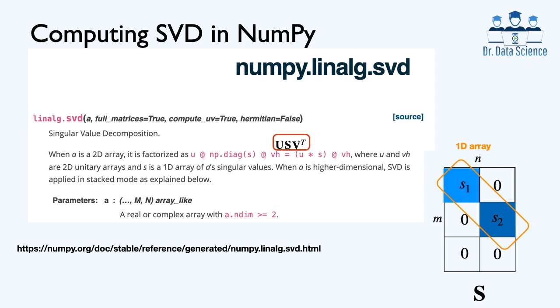In this case, we can get rid of the third row, and similarly, we can get rid of the third column of the matrix U. And that happens when you set full_matrices to be false. So then the matrices U and V are not necessarily square matrices. That's the only difference here. But it can save us a lot of memory and storage space, because we are going to keep fewer columns and rows in these matrices.